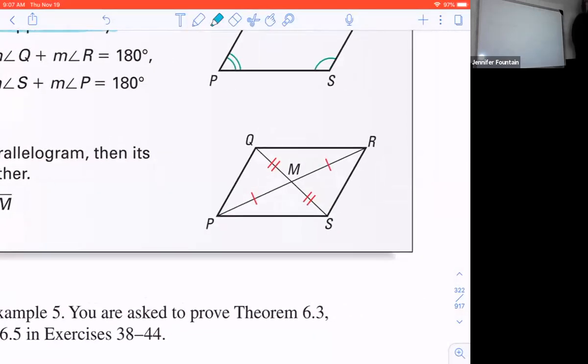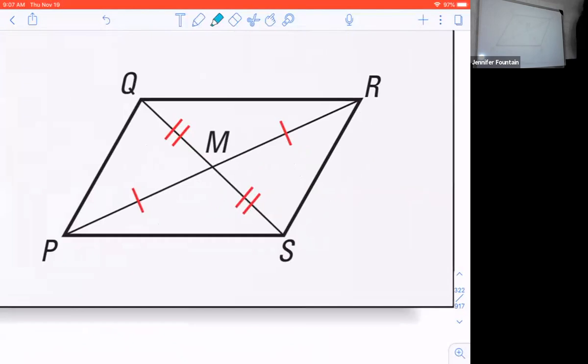A diagonal goes from one vertex to the one across from it. What does the word bisect mean? It cuts it in half, okay? So when those two diagonals cross each other, this one bisects PR, so that means it's cut in half. Diagonal PR bisects QS, so that means it cuts it in half.